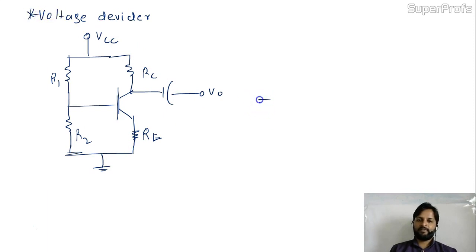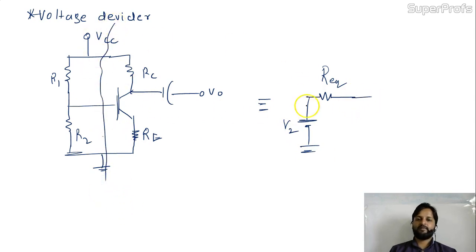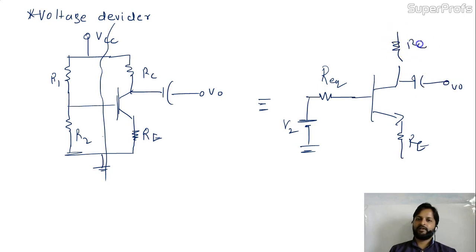In the voltage divider biasing, the circuit has R1 and R2 with the transistor, RC where I'm taking V0, and RE, the emitter resistance, grounded, with VCC applied. We reduced the circuit to its equivalent: an R equivalent, and the voltage across R2, that is V2, with RE here, output V0, and RC connected with VCC.